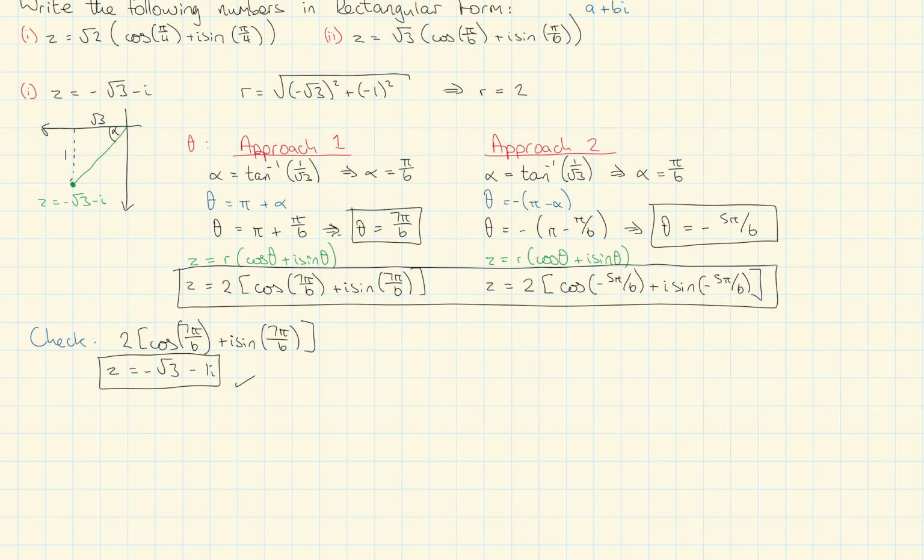And if we check our second method, into your calculator, 2 cos minus 5 pi over 6. And we will get, so cos of minus 5 pi over 6 times 2 will give you minus root 3 and sine of minus 5 pi over 6 times 2 will give you minus 1i.